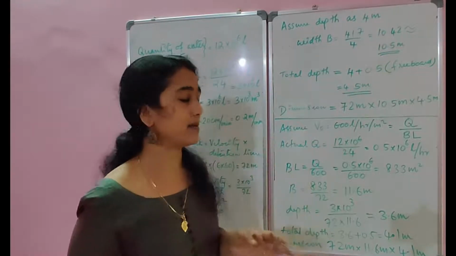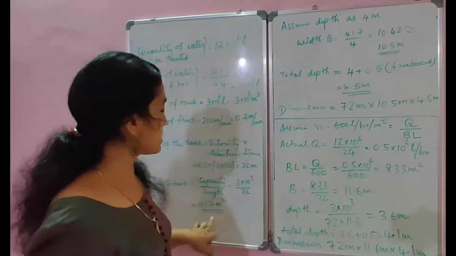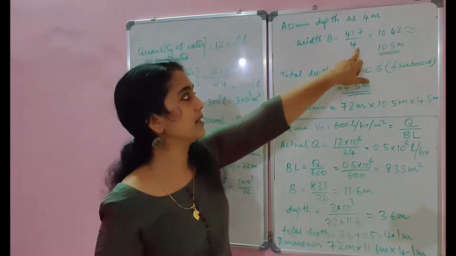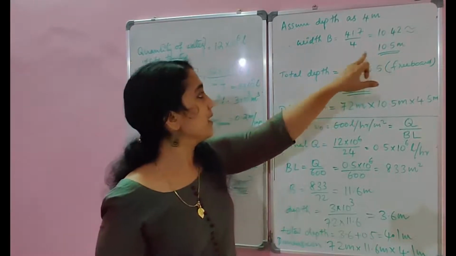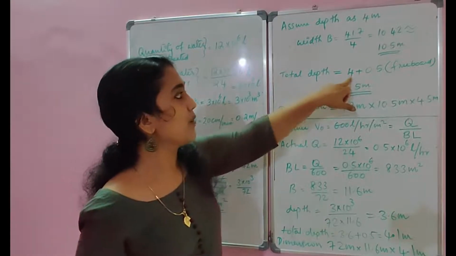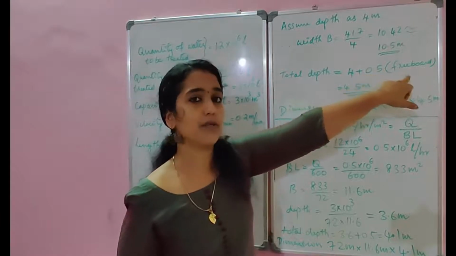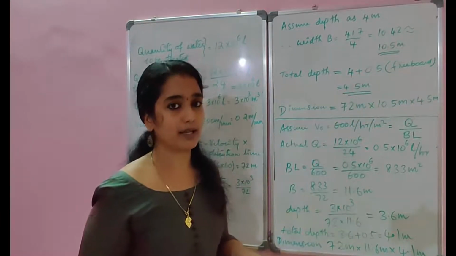This is an assumption. Then the width B is equal to the cross-sectional area divided by the assumed depth, that is 10.5 meters. Then we have to calculate the total depth, that is 4 plus 0.5. What is this 0.5? That is the freeboard to avoid overflow of water.